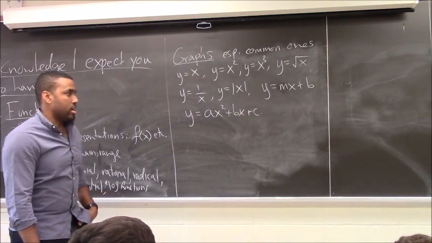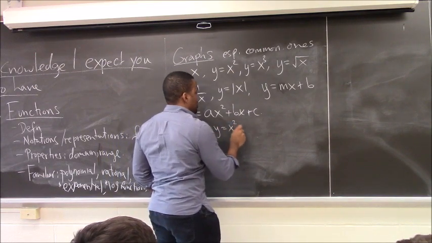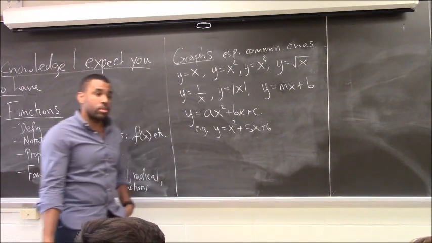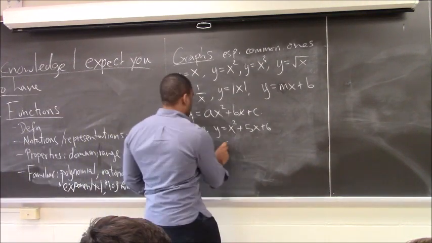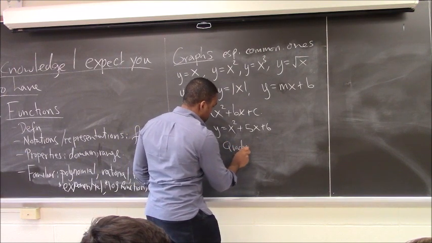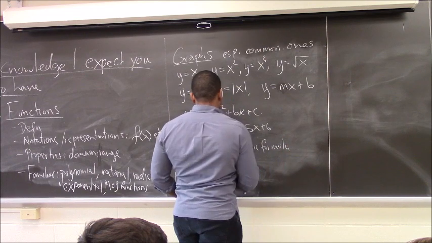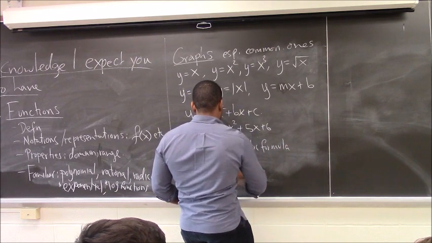So if I gave you a random one, for example, y equals x squared plus 5x plus 6, I expect you to know how to graph it, find its intercepts, complete the square, use the quadratic formula. Talk about that, quadratic formula. How to factor, how to complete the square.